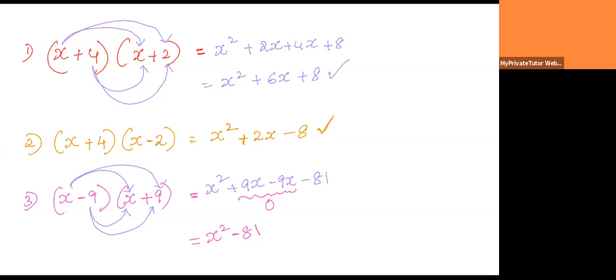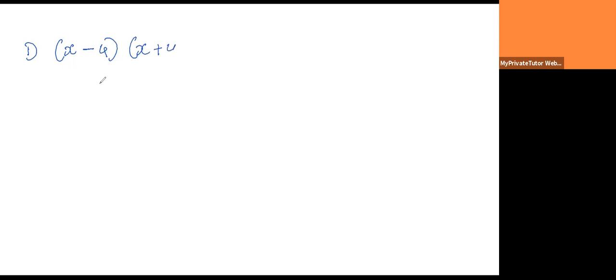Okay, just a moment, guys. So what you understand from the third question is we can write the answer directly. For example, if we have the form x plus 4 and x minus 4, so this is in the form of a minus b times a plus b.